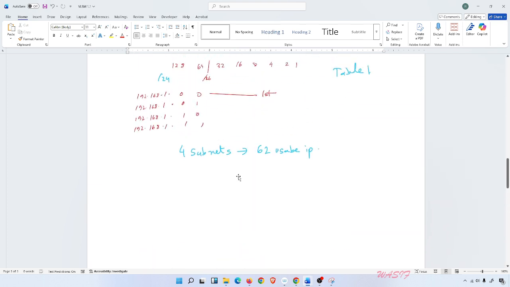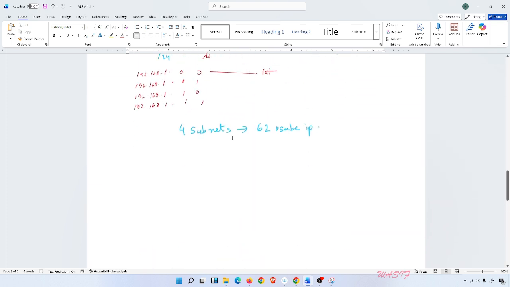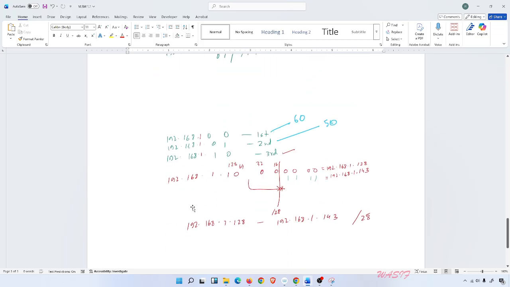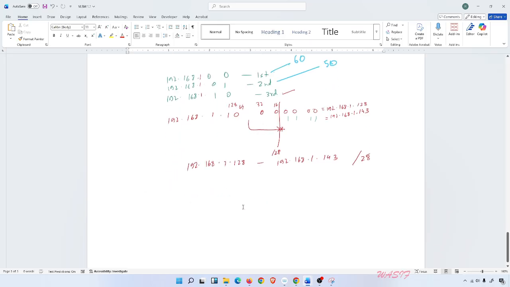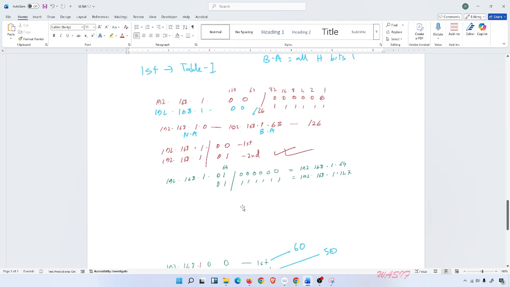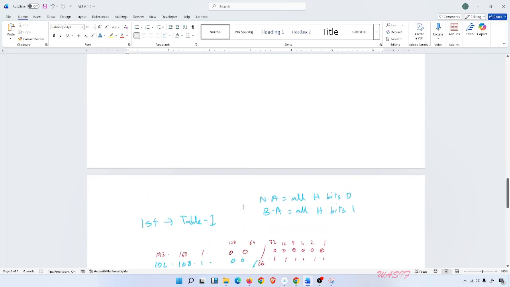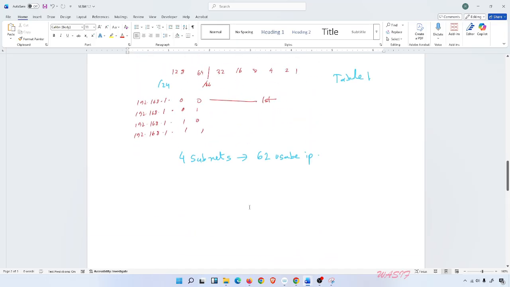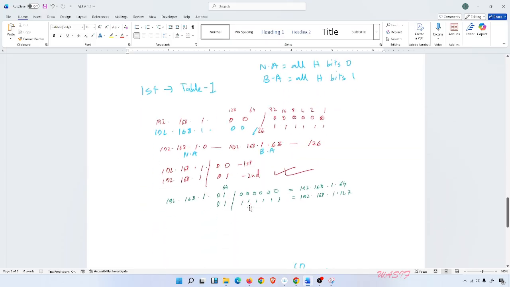If you look here, 192.168.1.01. What is the formula again for the second one? Wait, I made a mistake. Sorry. Let's have a look.